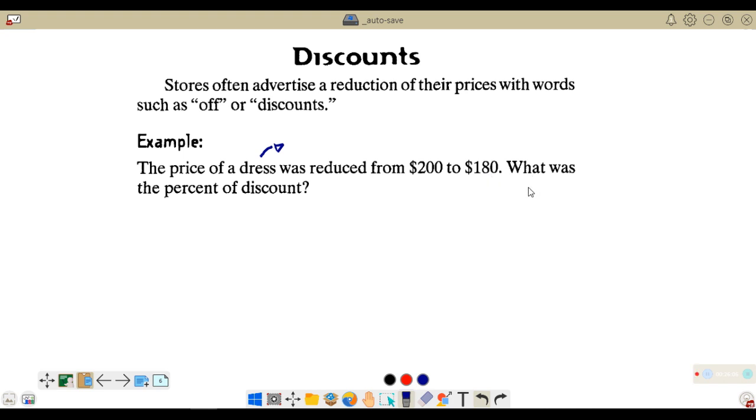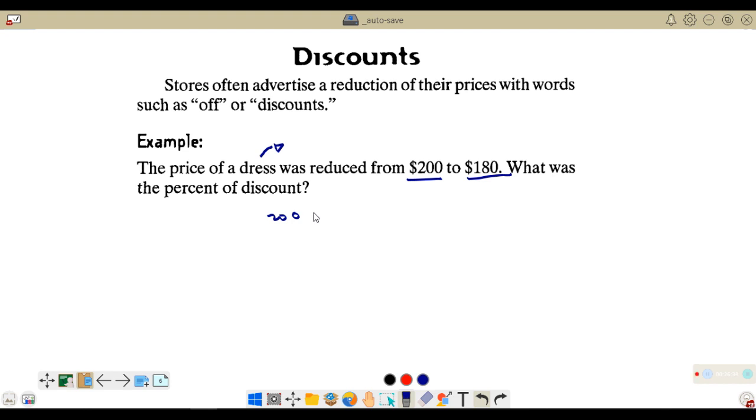So, how do we find the percent of discount? It's easy. Let's find our before and after again. The before is 200 and the after is 180, right?